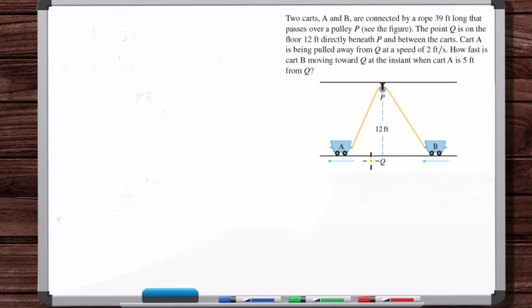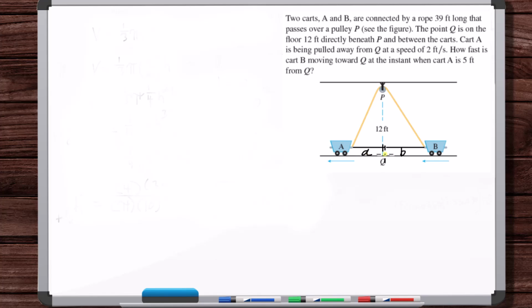So we want the dimension of A from Q and the dimension of B from Q. We'll say this is A and this is B. We know the rate of change of A, that's 2 feet per second.